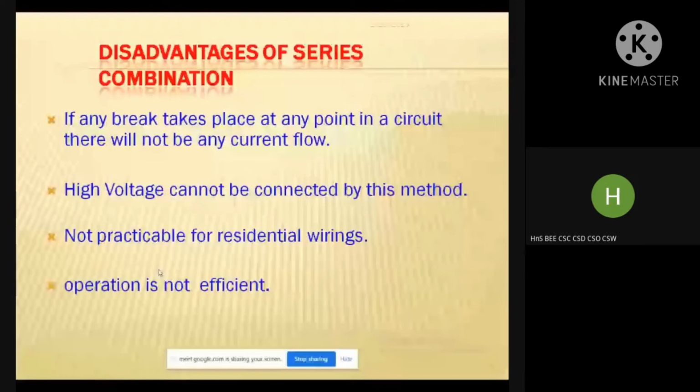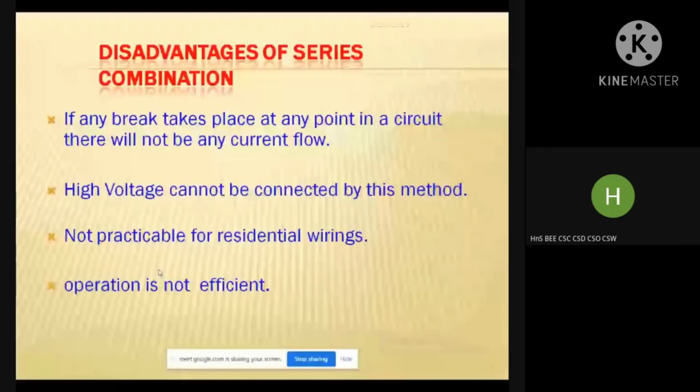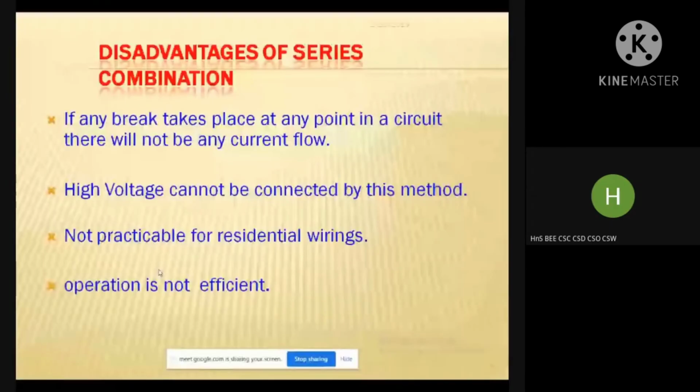Switch off condition is called the open circuit condition. In this open circuit condition, there will not be any current flow in the circuit. That's why the fan will stop rotating. Okay, that is a main important point. What is an open circuit? Simply, if any break takes place at one point, a break is nothing but an open circuit or turn off.